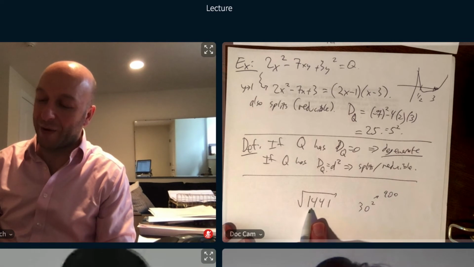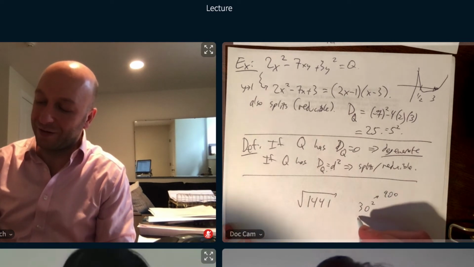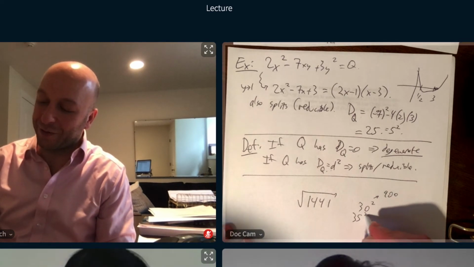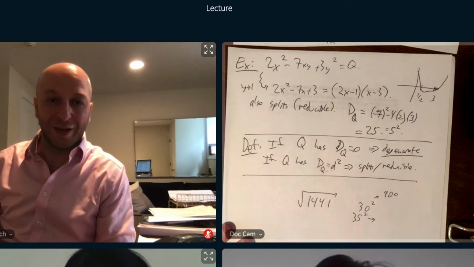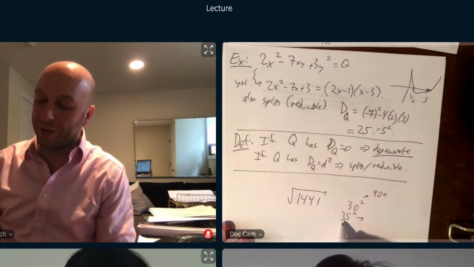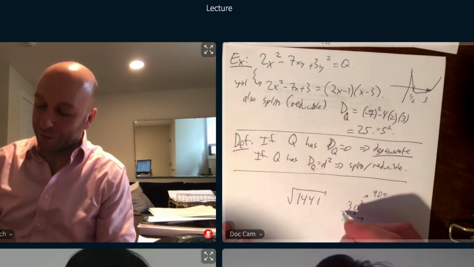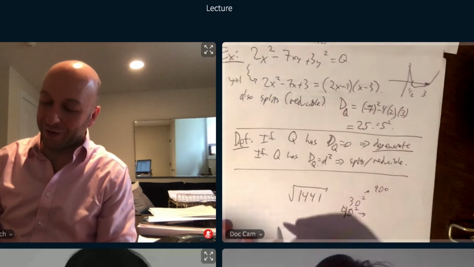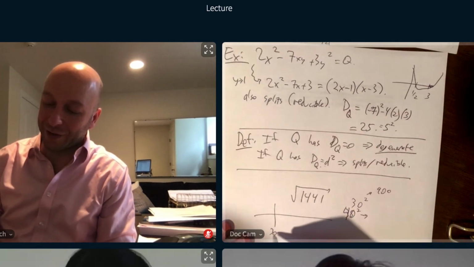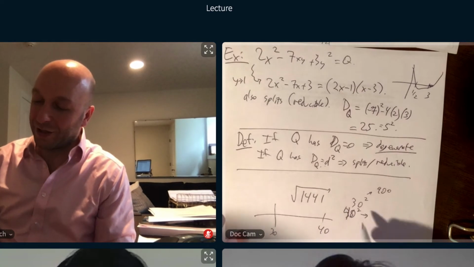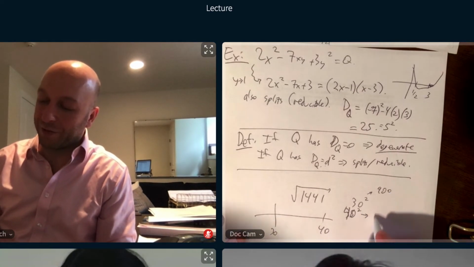Whereas, how about an upper bound? 35 squared gets me... Yeah, 40 squared is going to be too big, right? Okay, so here's all you have to do. Here's 30, and here's 40. So 30 squared is 900. 40 squared is 1600.